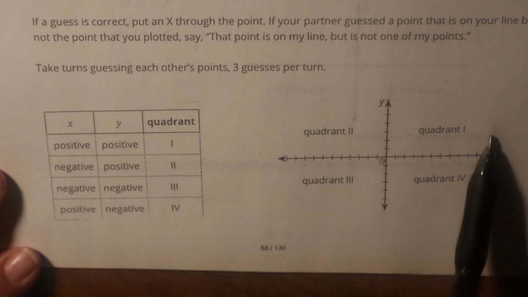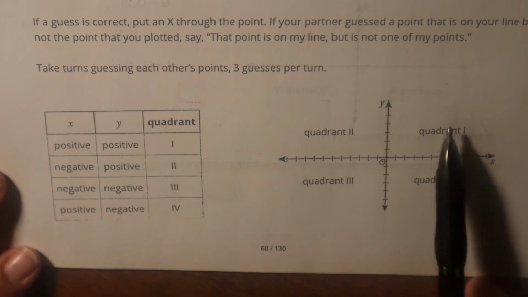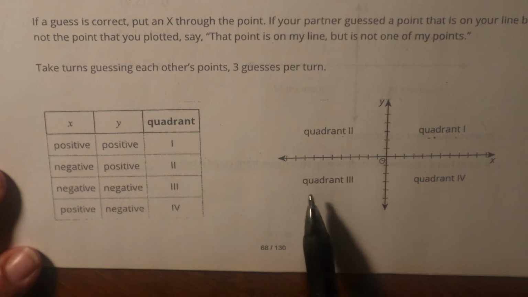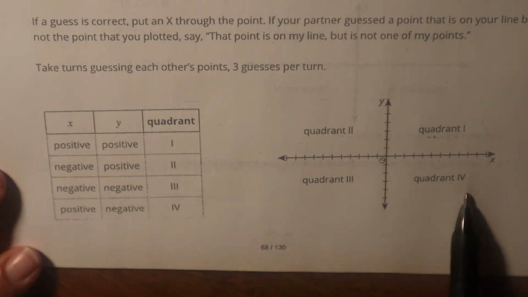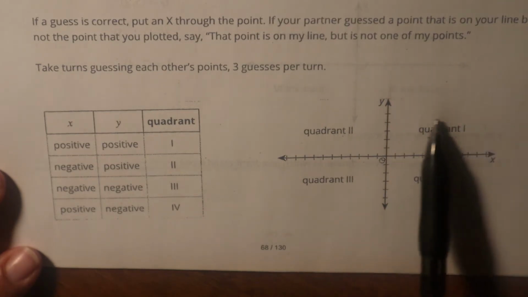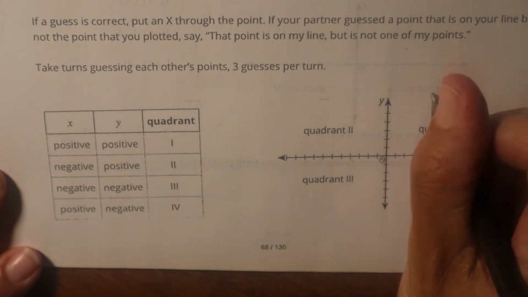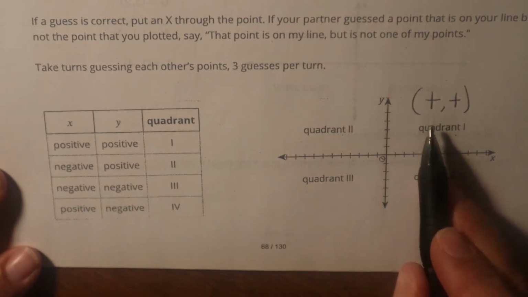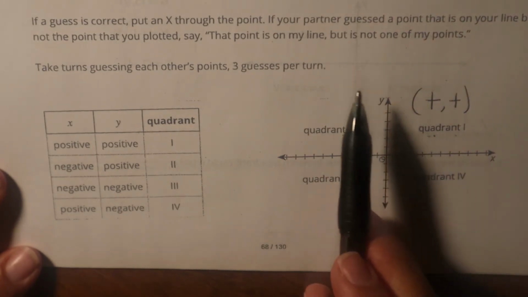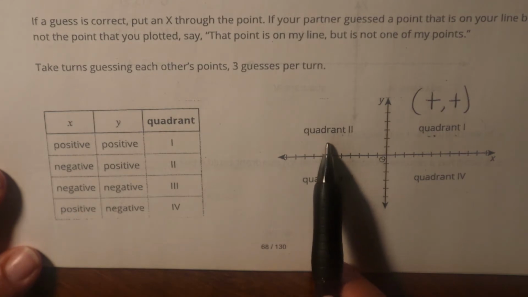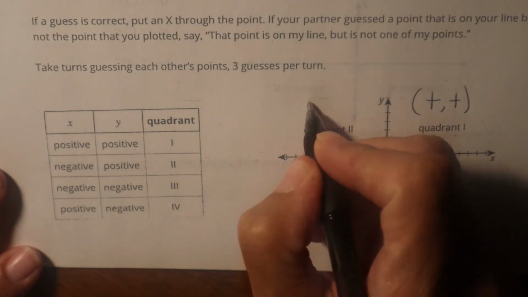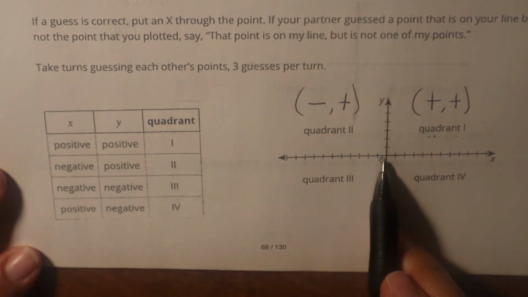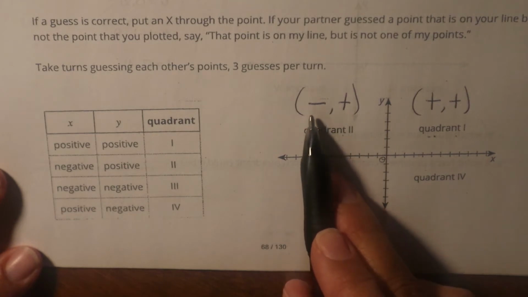We've got a table here, and then we have an actual coordinate plane. When we do the coordinate plane, the quadrants are labeled quadrant 1, quadrant 2, quadrant 3, quadrant 4. Anything found in quadrant 1, both of the coordinates are going to be positive numbers, so your x and your y will both be positive. Moving counterclockwise to quadrant 2, you're always going to have a negative x-coordinate followed by a positive y-coordinate, because you'd move over negative and then up positive.